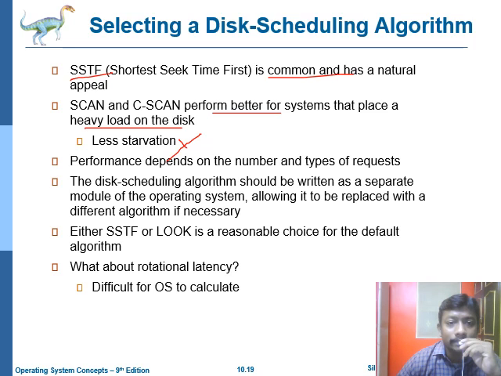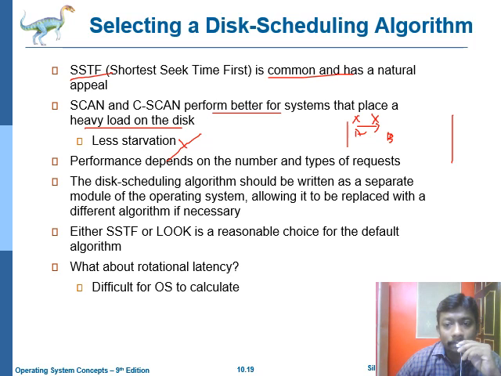When we have SSTF, from a particular input output request, or from a particular sector, it will reach another sector. Say, for example, this is A and this is B. It will reach the B sector, which has the minimum seek time. What I am searching for is the shortest seek time. This is the concept in SSTF.